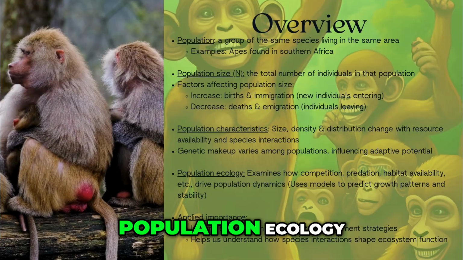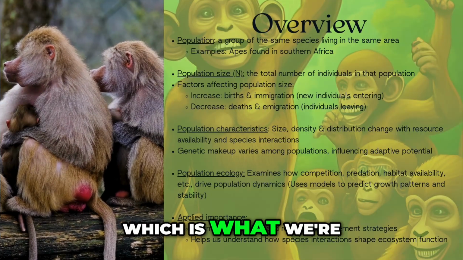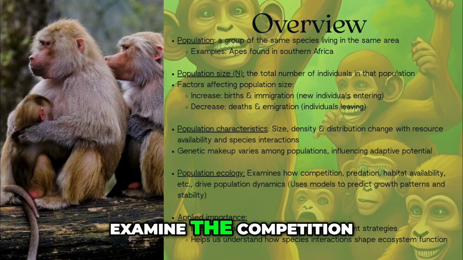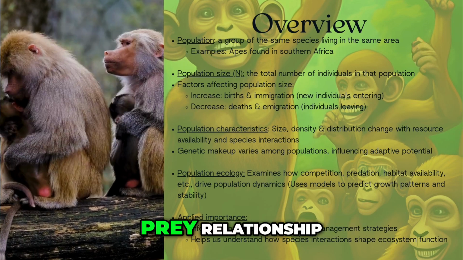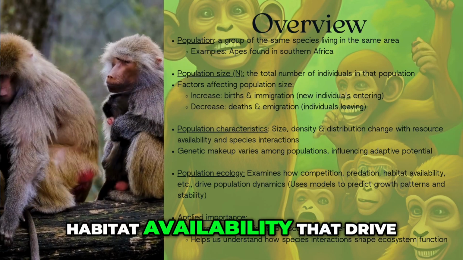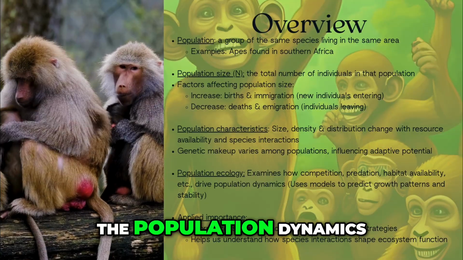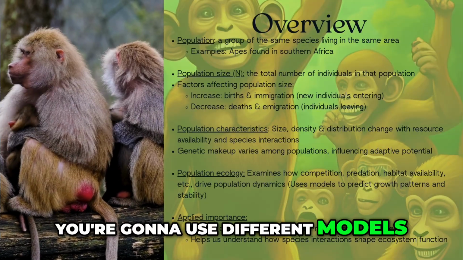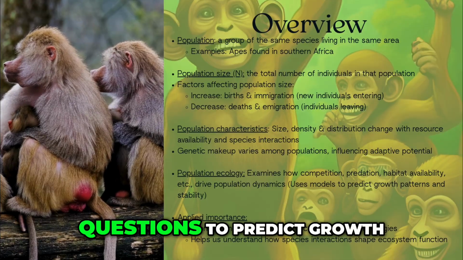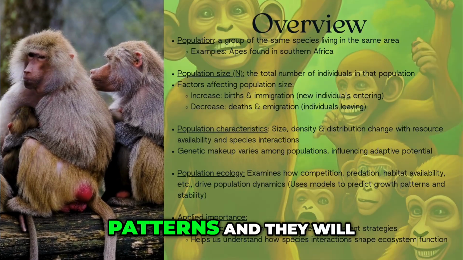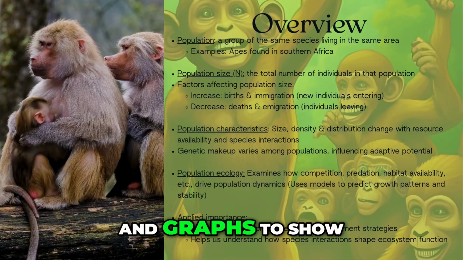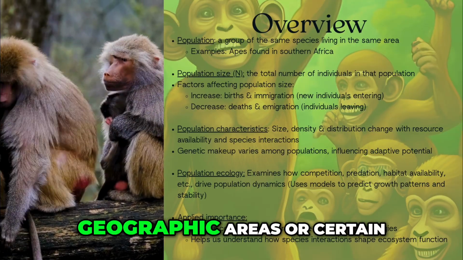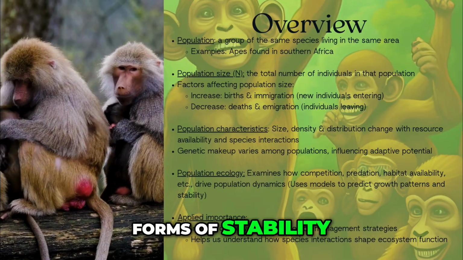Let's talk about population ecology, which is what we're learning in this lesson. This is how we examine the competition, predator-prey relationships, and habitat availability that drive population dynamics. For AP Biology, you're going to use different models, especially for free response questions, to predict growth patterns. They will be seen in tables and graphs that show different patterns you might see within certain geographic areas or certain forms of stability.